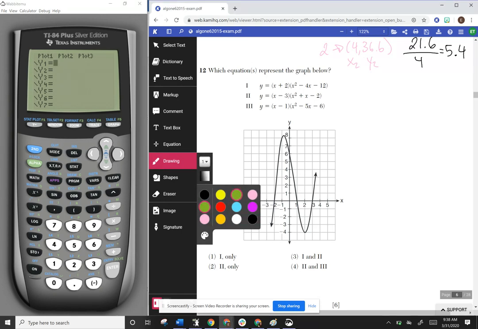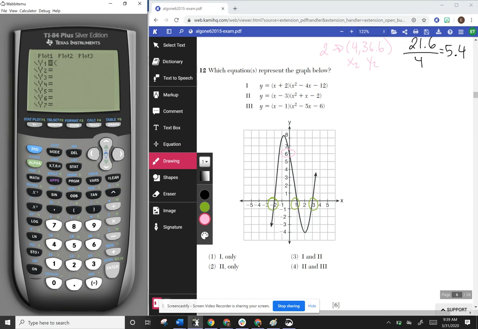What's going to be important to notice here, though, is that our zeros are at -2, +1, and +3. We need to make sure that whatever graph we get in our graphing calculator also has those points. Another point that could be potentially useful is our y-intercept, which is up here at 6. Okay, so let's put all of these in.